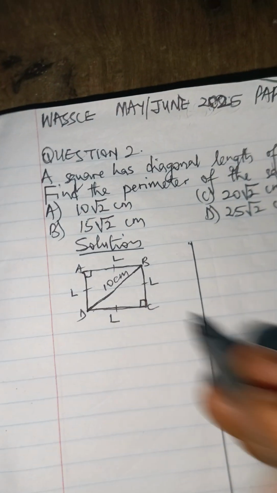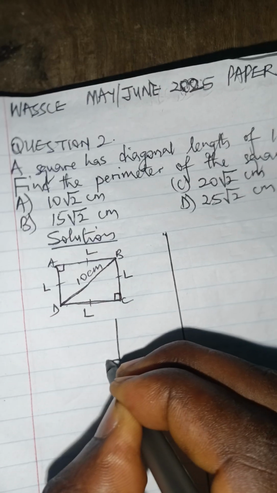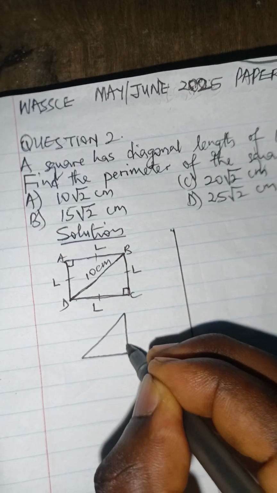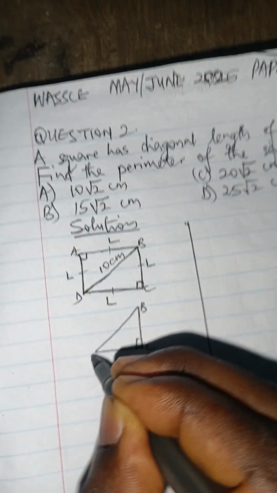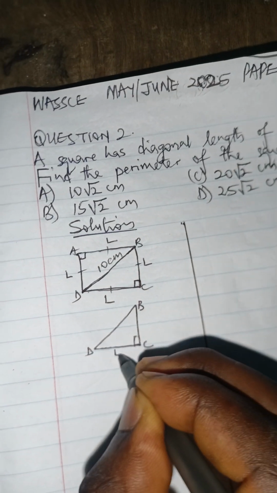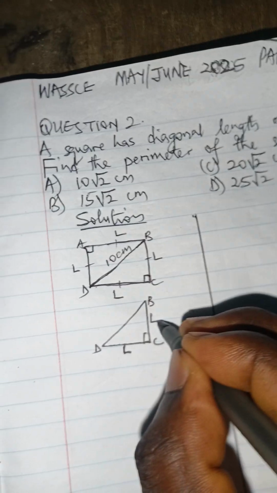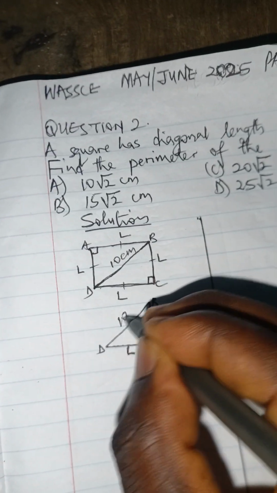Let me just bring out one of them so that you understand what I am showing you properly. This is B, this is C, this is D. Remember that this L is the full length of the square. This is also the full length of the square. This is the diagonal, and that's 10 cm.